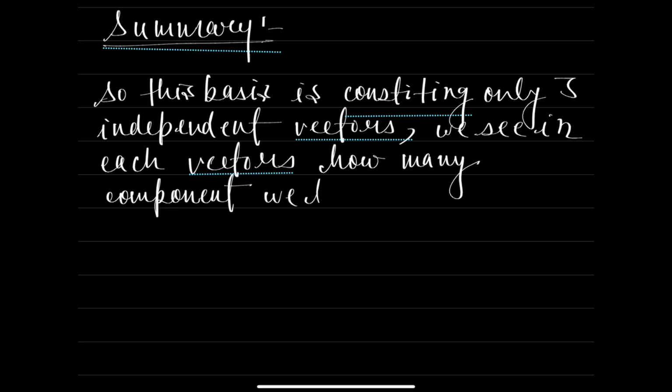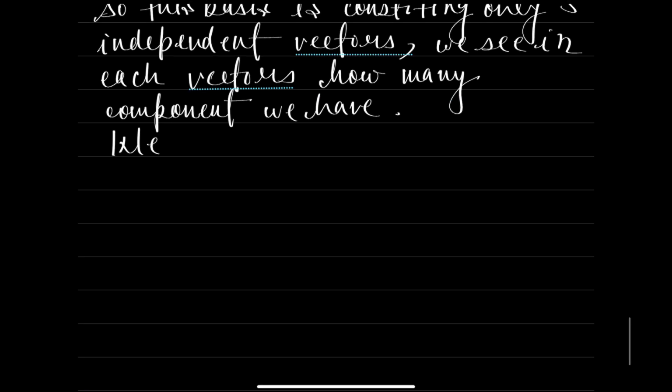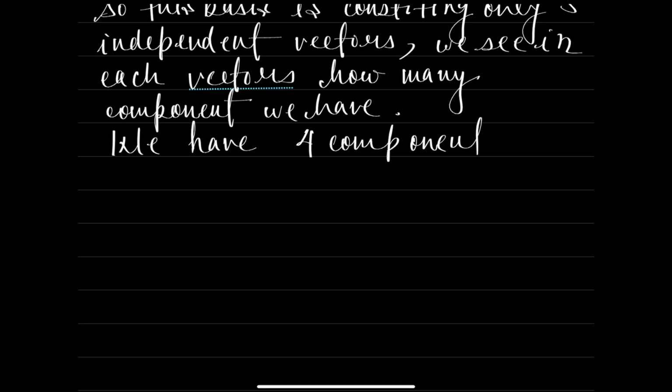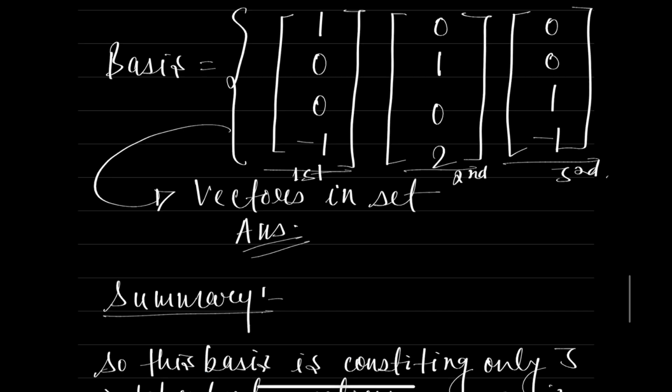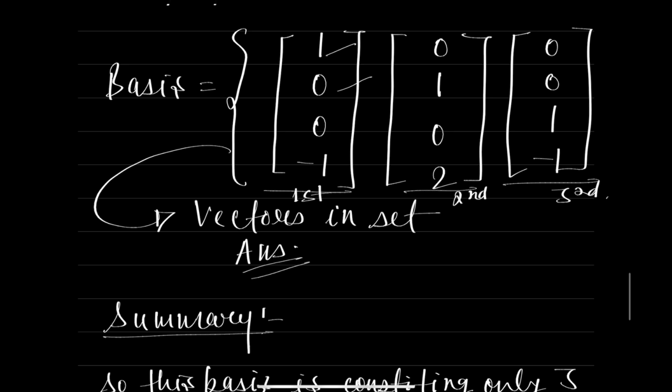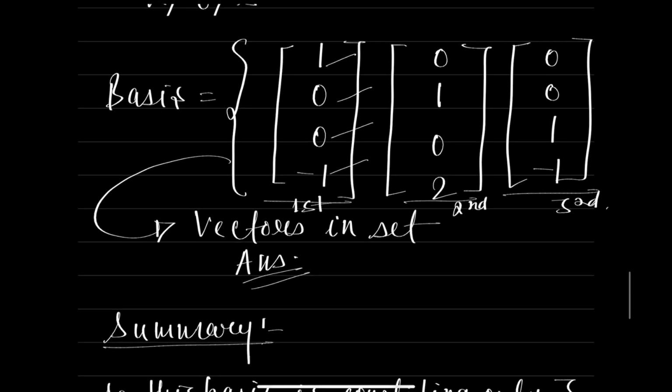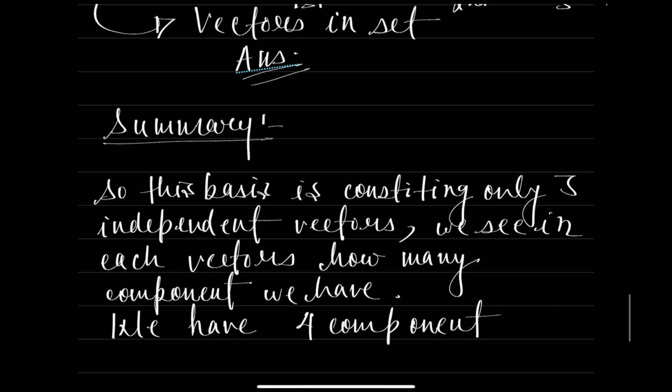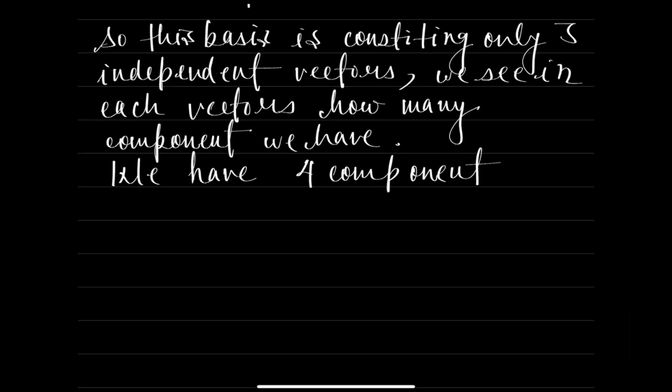We have four components: first, second, third, and fourth. We have four components in each vector.